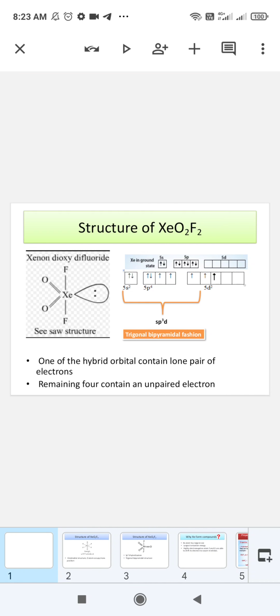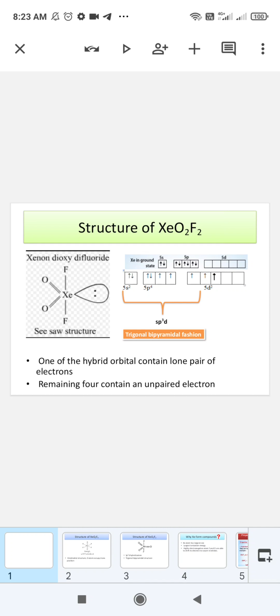Now 1 s orbital, 3 p orbitals and 1 d orbital undergo hybridization, and we will have sp3d hybridization, and the 2 d orbitals are not involved in the hybridization.